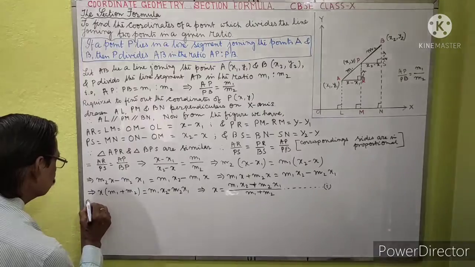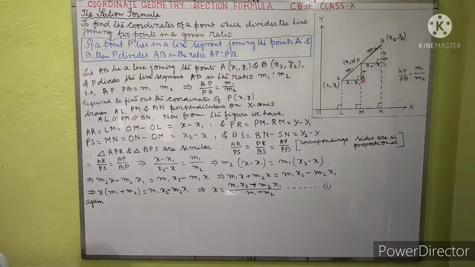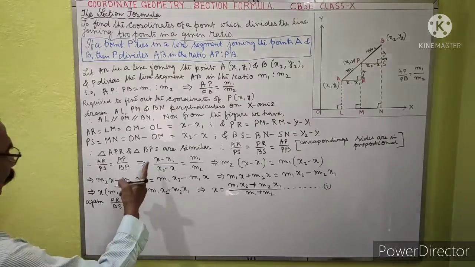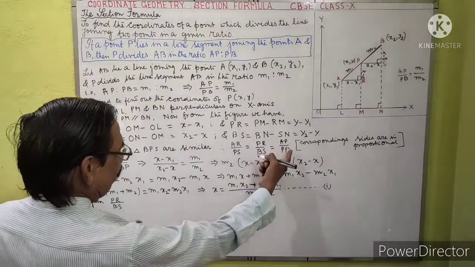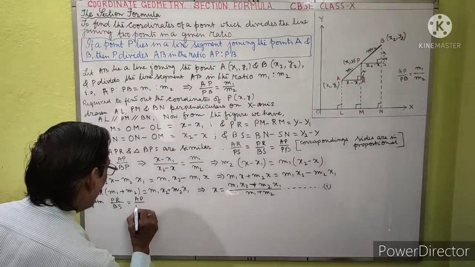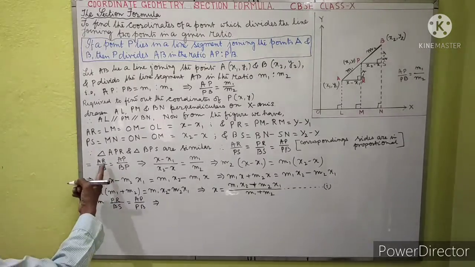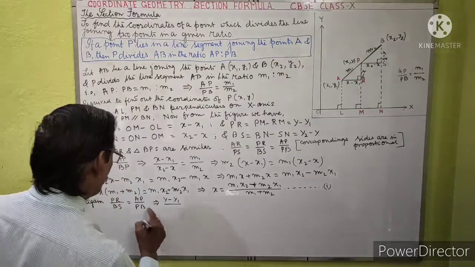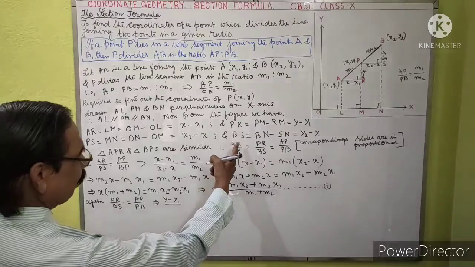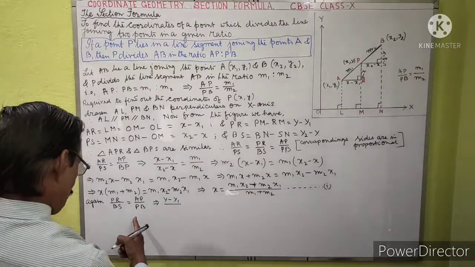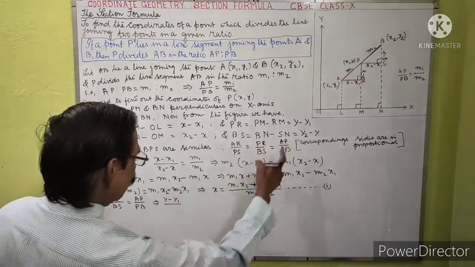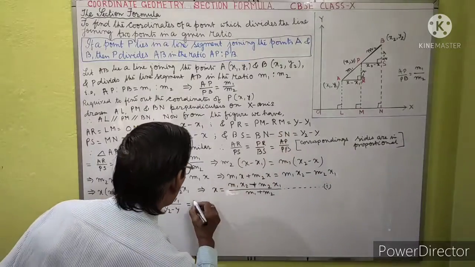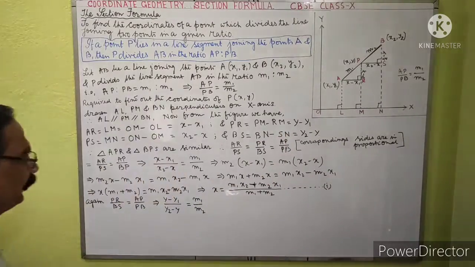Again, just see that PR by BS equals AP by PB, where PR equals y minus y1 and BS equals y2 minus y, equals M1 by M2.